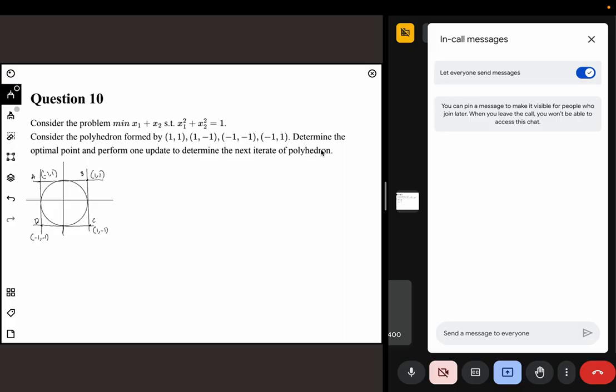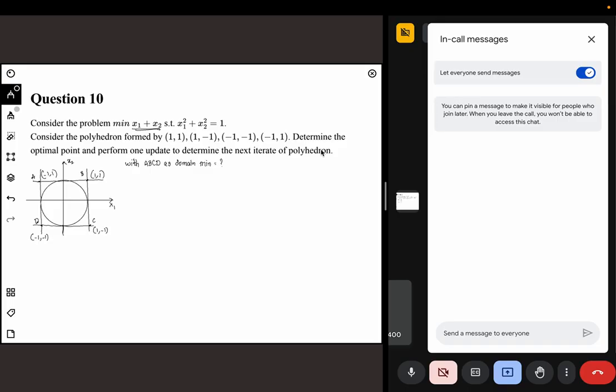And for the domain ABCD, if I want to minimize x1 plus x2, what is the solution? With ABCD as domain, where will the minimum occur? I'm trying to minimize x1 plus x2.